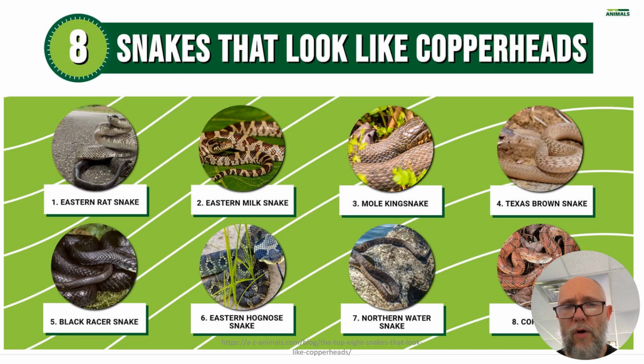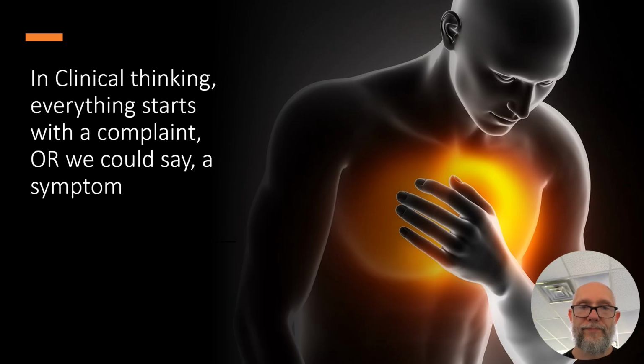So there are similarities between the actual copperhead and these other snakes, which, a lot of these are very benign, non-poisonous snakes that make it very confusing to always know for sure what kind of snake that you're staring at. And unfortunately, diseases can be a lot like that as well.